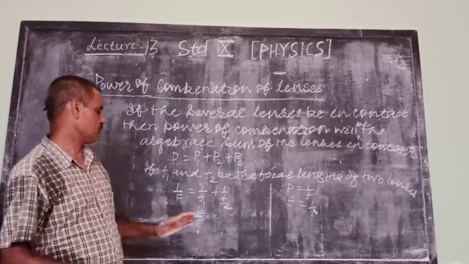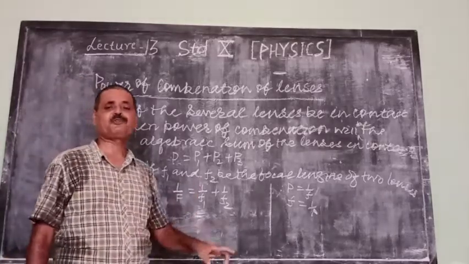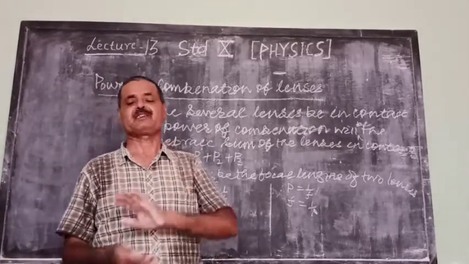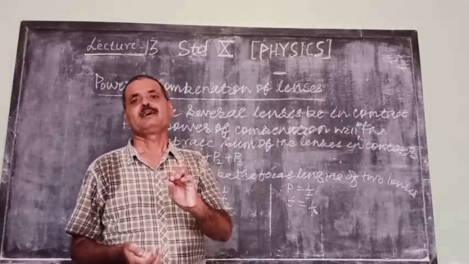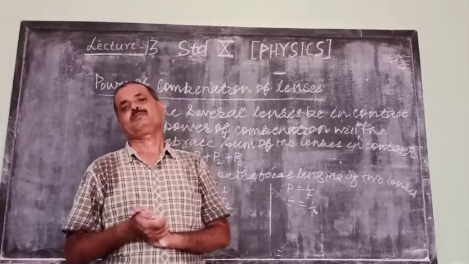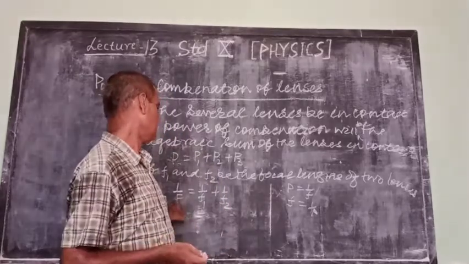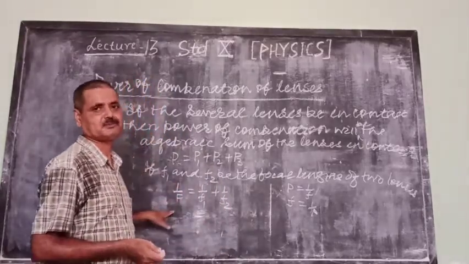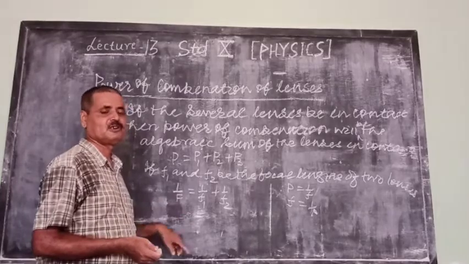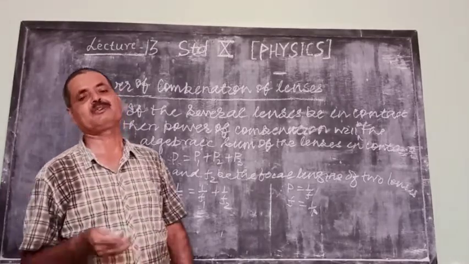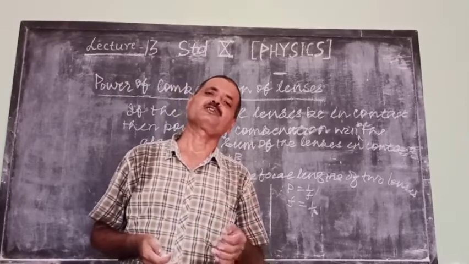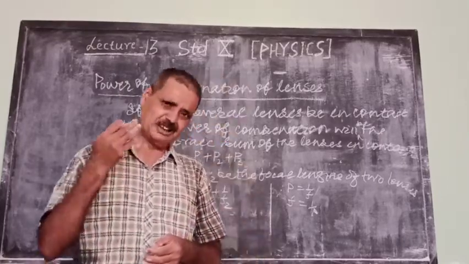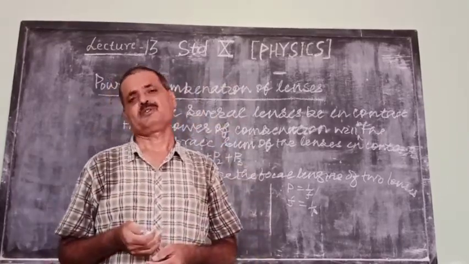So it can be shown the equivalent focal length will always be lesser than the focal length of any individual lens. Mathematically you can watch, this is 1 by F, the equivalent focal length. So we can say the equivalent focal length will always be lesser than the focal length of any one lens of the set.